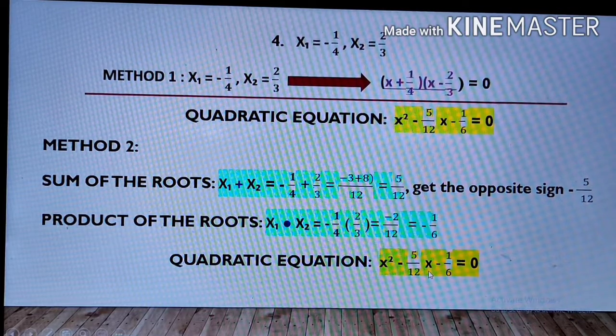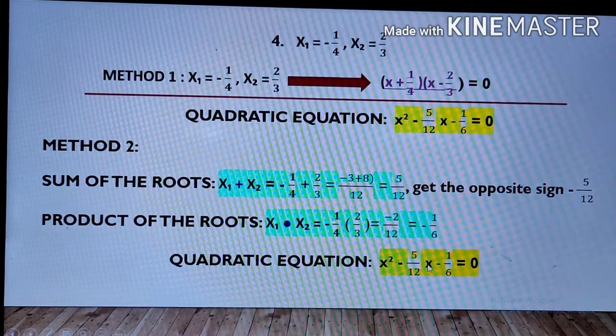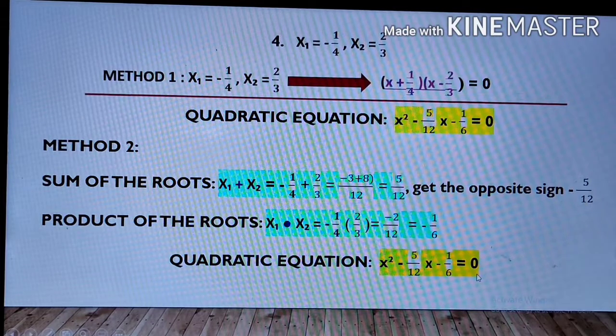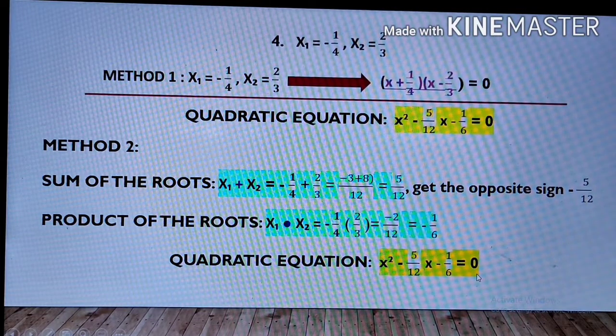So x, then the last term is negative 1/6, so minus 1 over 6 is equal to 0. As you can see, the quadratic equation that came out is the same. So it is up to you which method you will follow, method 1 or method 2.